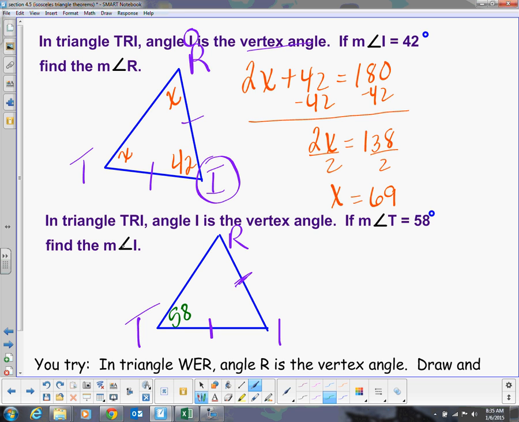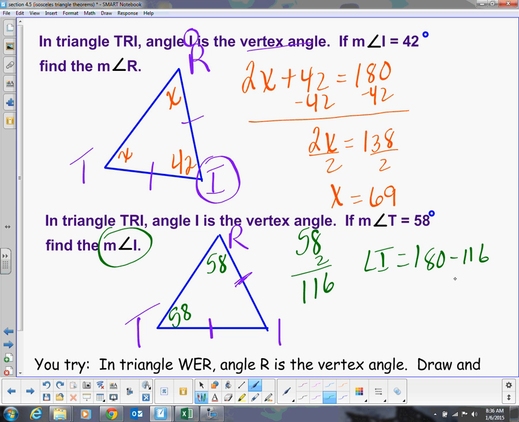You are supposed to find I. How are you going to do that? Who else is 58? All right. So we're going to take 58, multiply it by 2. Then what? 180 minus 116 is 64.